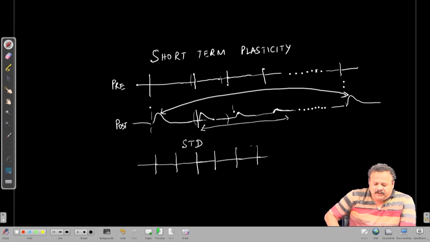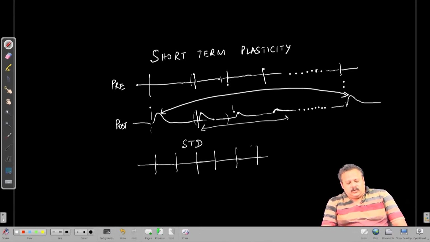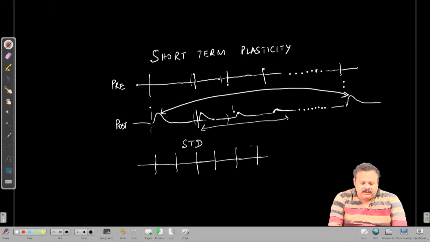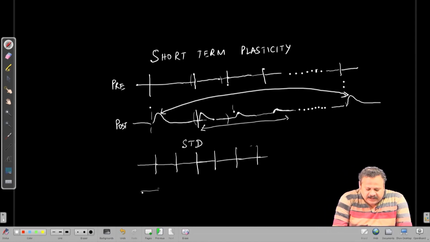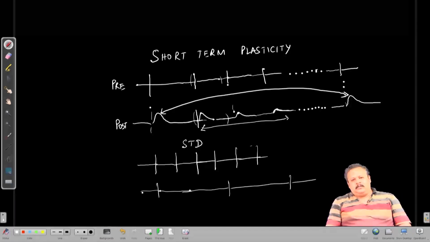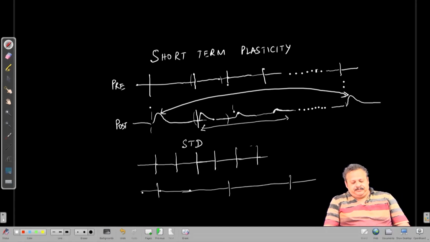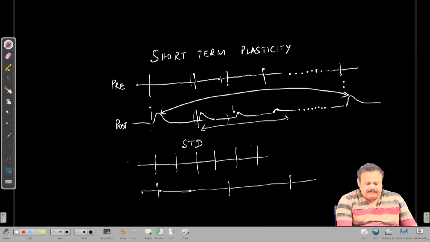So, if we have many closer spikes, then we can get even stronger effects of depression, or if we make the presynaptic spikes much further apart, then we may even end up not seeing any change. So, it is dependent on how much presynaptic activity we are seeing.